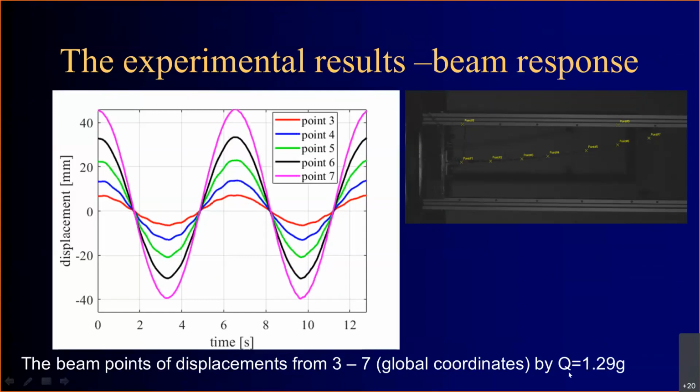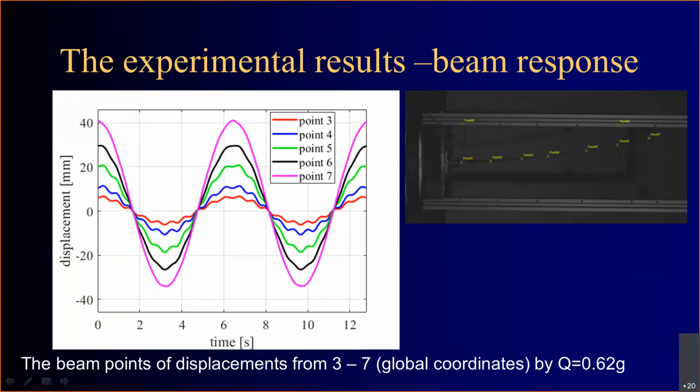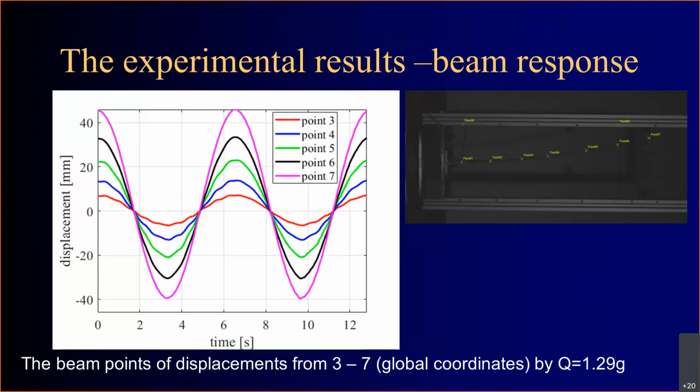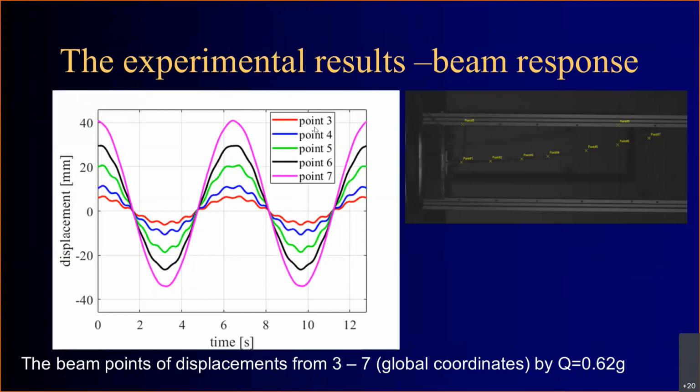Now the next level of the excitation force was 1.29 G, and at this level we received the touch. There was impacting on the beam, and we can see the differences between the previous case with no impact and now when impact occurs.